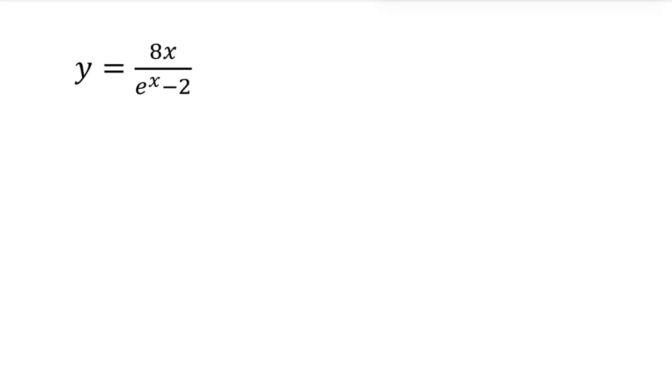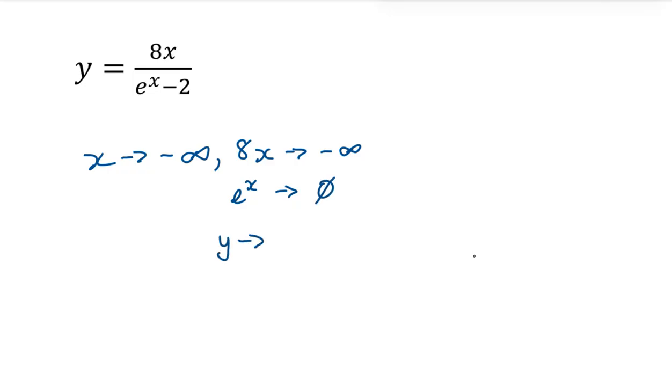Okay, let's write it out quickly. What's 8x divided by negative 2? That shouldn't be hard. You've been doing that for years. It feels a little bit different because this is all kind of new.